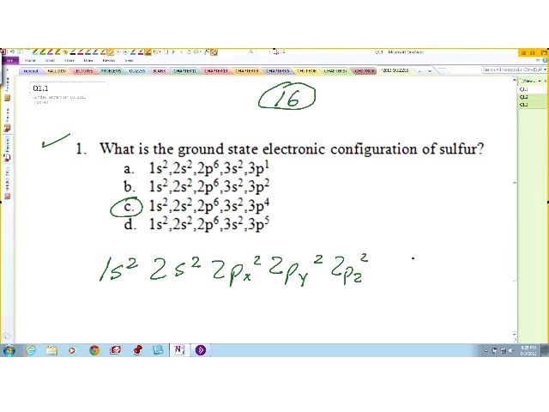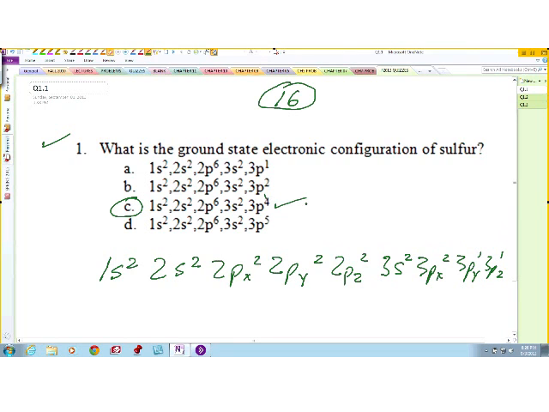Then you simply say 3s2, and 4 more electrons to go. You have 3px2, and then 3py1, and 3pz1. And if you do that, that will essentially give you this answer here, which is C.